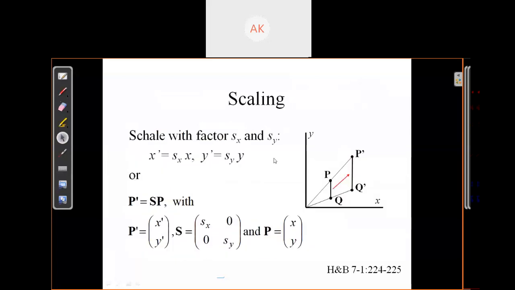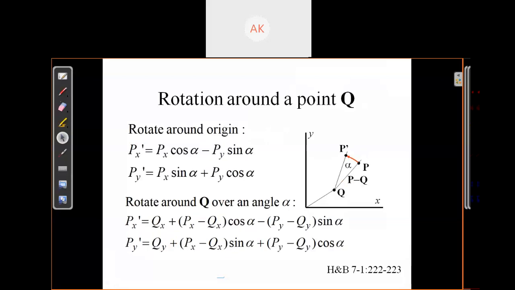Now let's see the scaling in the rotation. We follow the same approach as a rigid body transformation: we first transform our points to the rotated points, then redraw the object.